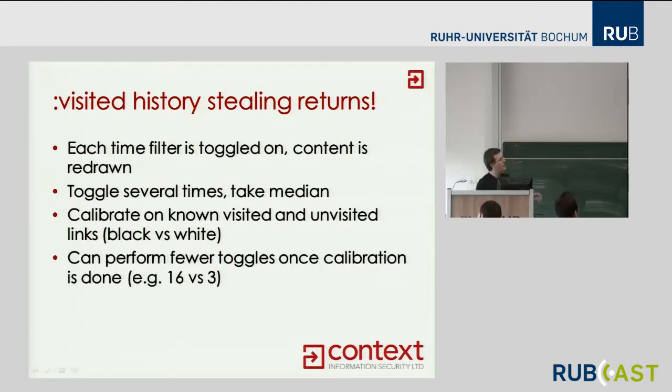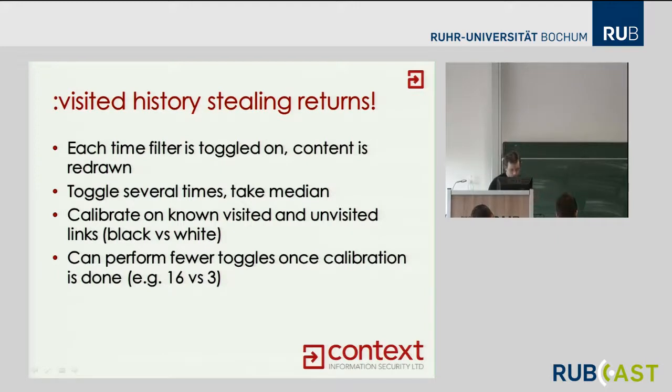Also we can slightly speed up this attack. We can do 16 toggles when we're calibrating the images to get a nice reliable result. And then when we're testing the links, we want to test lots and lots of links, so we can just do a few, and then hopefully that will speed things up.